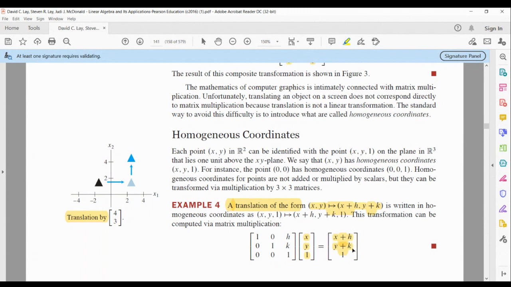But to do that, you see in example 4 why you need a 3x3 matrix. The 3x3 matrix has a 1 in the bottom right-hand corner. Do you see why you need the 1 there when you do the matrix multiplication to translate an xy coordinate to x plus h, y plus k?